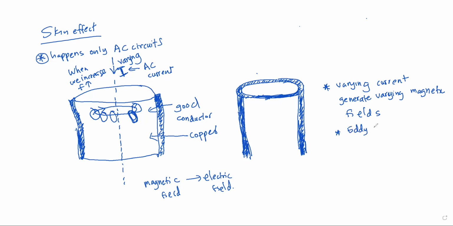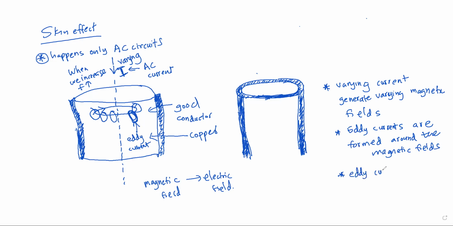Magnetic fields generate electric field, and as a consequence, eddy currents are formed around the magnetic fields. So these are the eddy currents that are forming around the magnetic fields. Because of these eddy currents, the eddy currents cancel out the current that is flowing across the central part of the conductor.